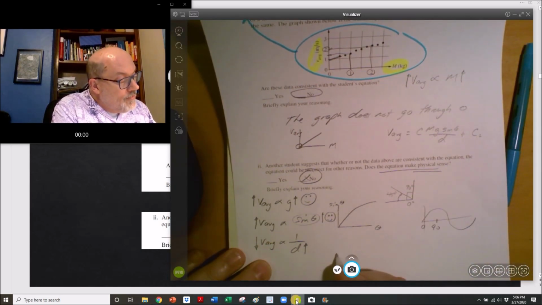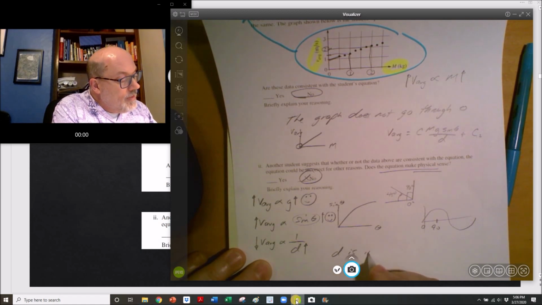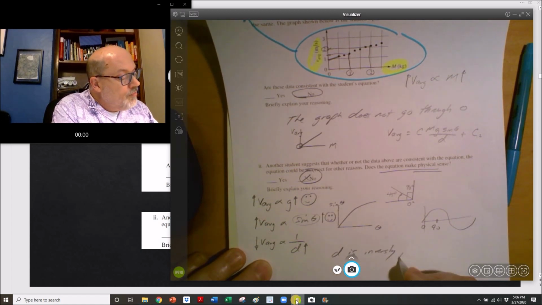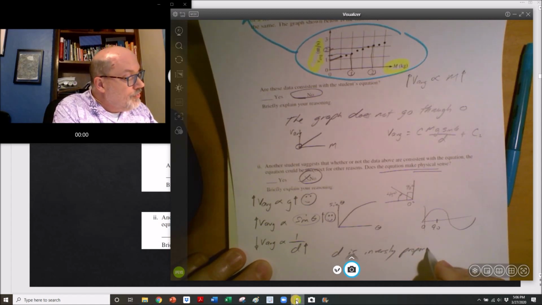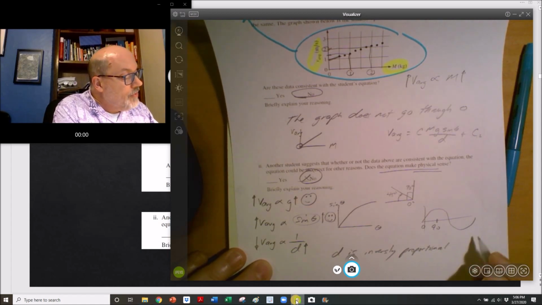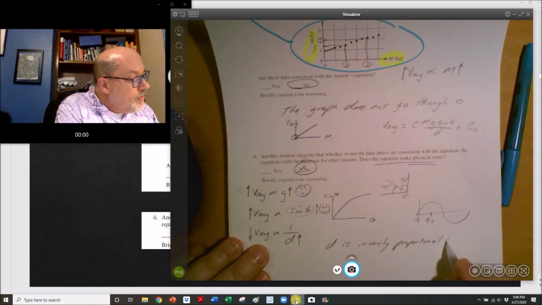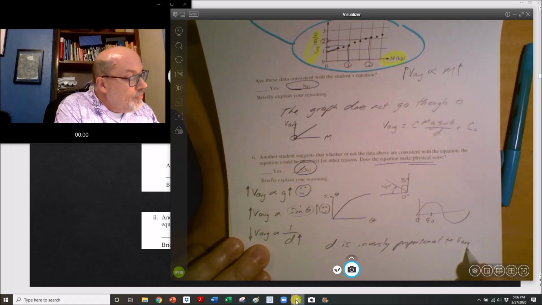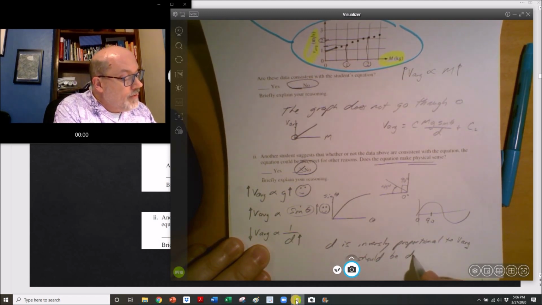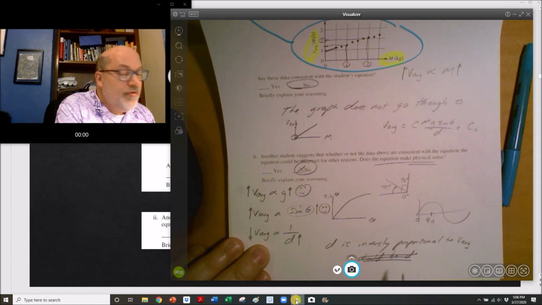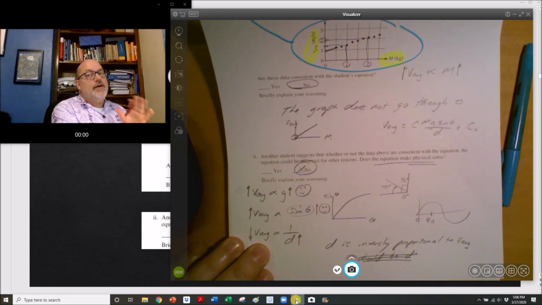And then our reasoning is that D is inversely proportional, sorry, I'm talking and writing at the same time, to V average. Should be directly, well, I don't even know. You know what? I don't know what that should be.